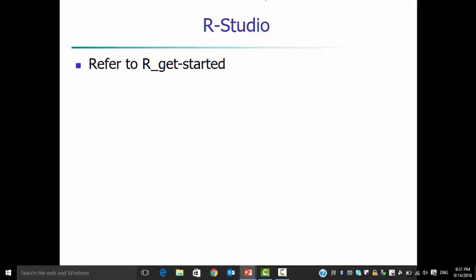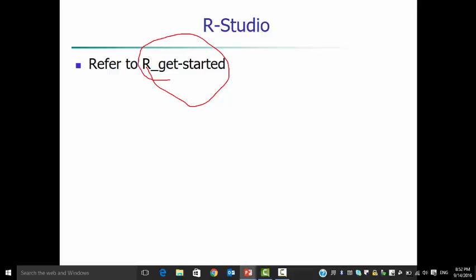To get RStudio, I want you to look at another file called Getting Started. I already posted it. I want you to look it up, download RStudio, and install it.